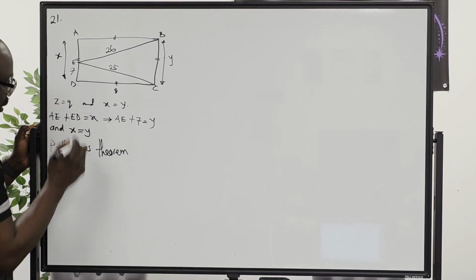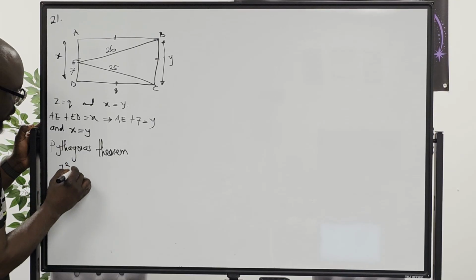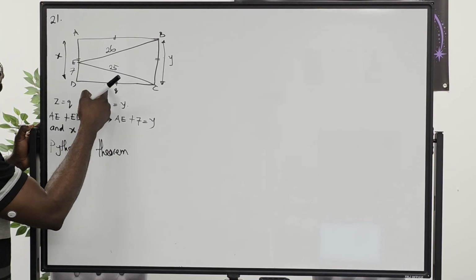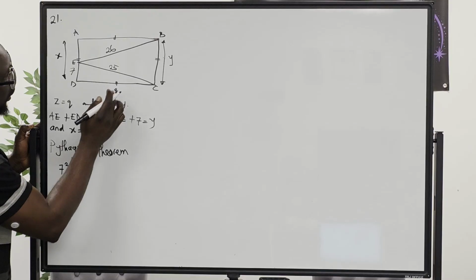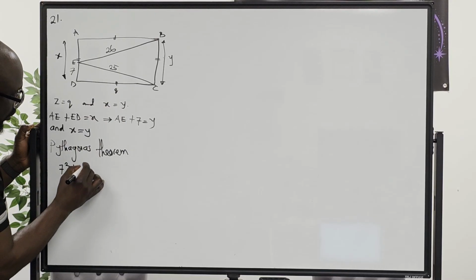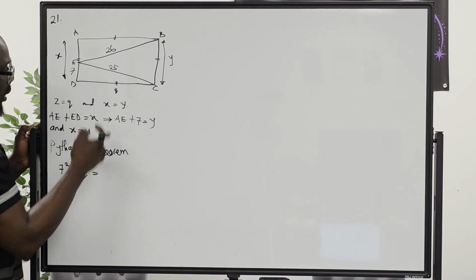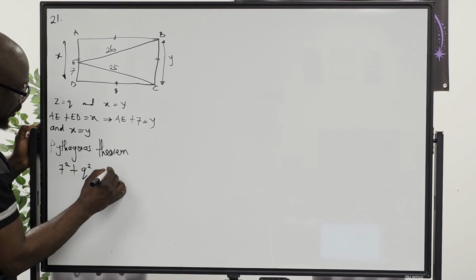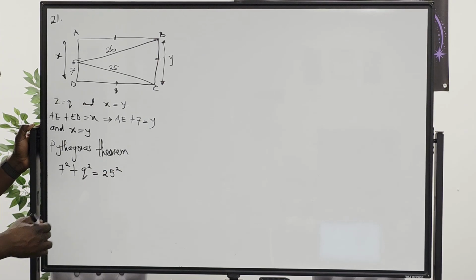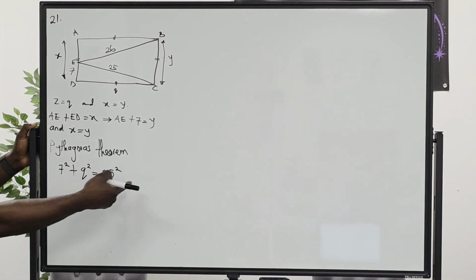Our A in this case is 7, so that's 7 squared, plus our B in this case, I'm going to call it Q squared, and our C here in this case is 25 squared.